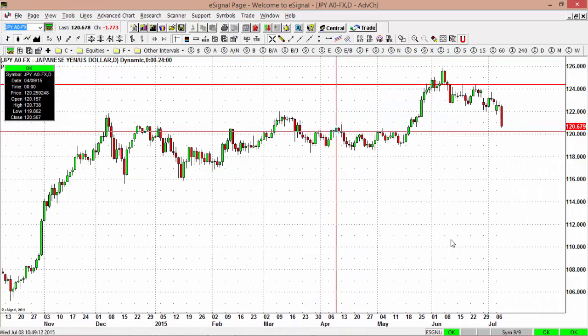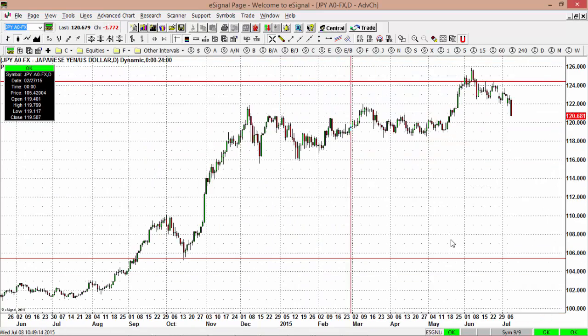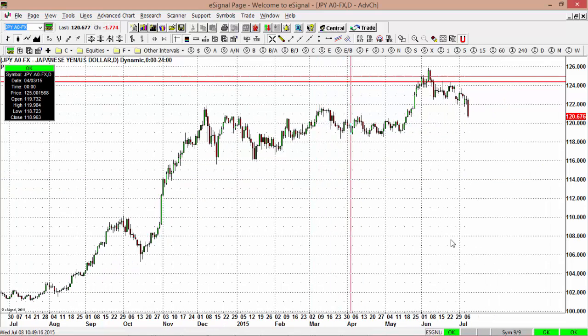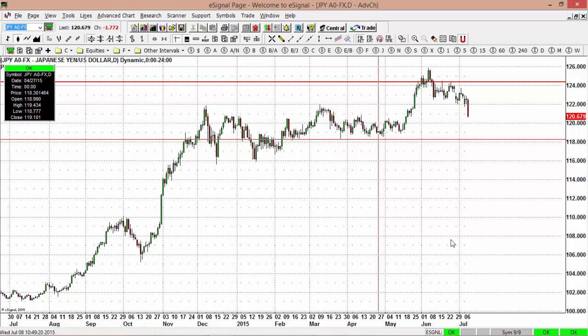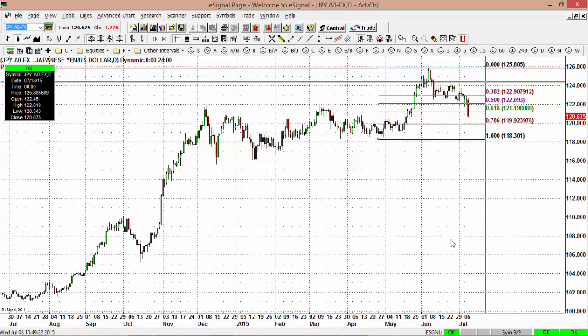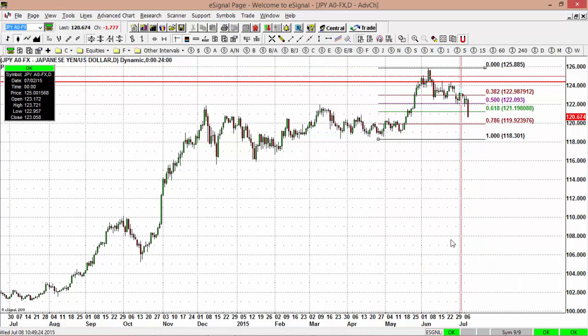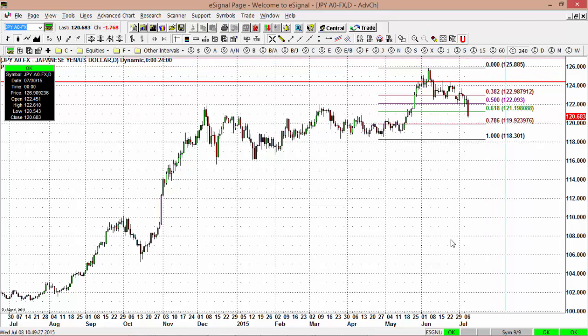Okay, taking a look at the Japanese yen. The Japanese yen is up pretty big on the day, and we're coming up to that area of support we spoke about. Let me go to the 4-hour chart.